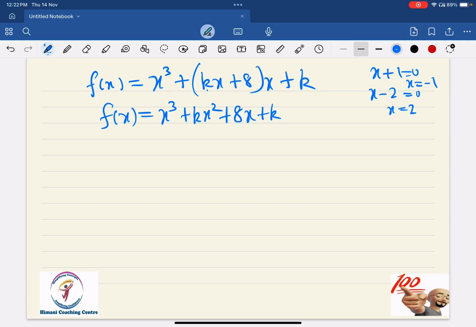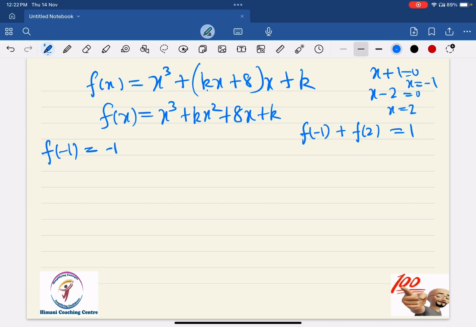Okay. Now, according to question, f of minus 1 plus f of 2 is equal to 1. That is what is given to us. So let us first find f of minus 1 and f of 2 and add them and equate it to 1. So let us find f of minus 1.